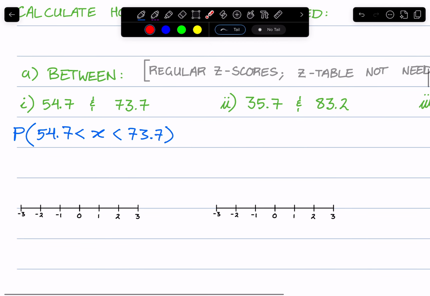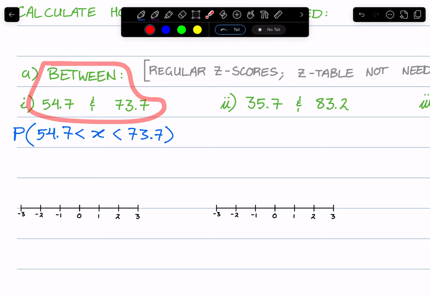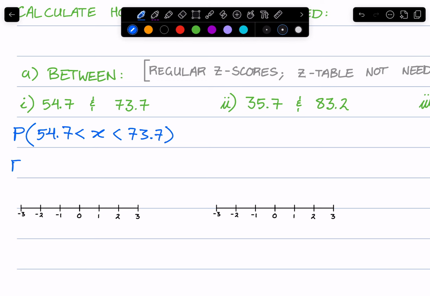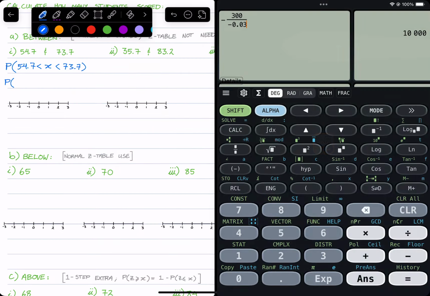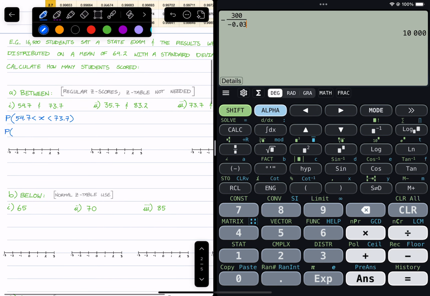Now, this notation is exactly what it's saying here. How many or what percentage of scores are between less than 73.7 and greater than 54.7. So it's how many are in between these. But this converts to the probability, and we're now going to find the Z-score of each of these.